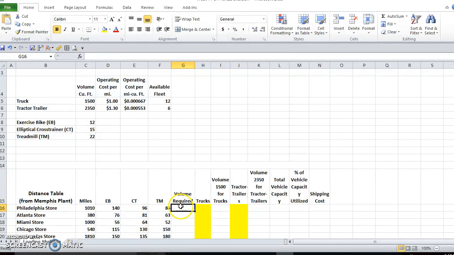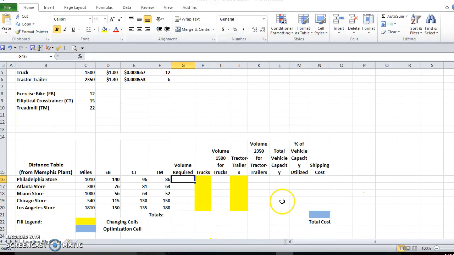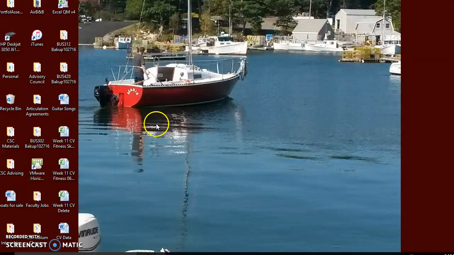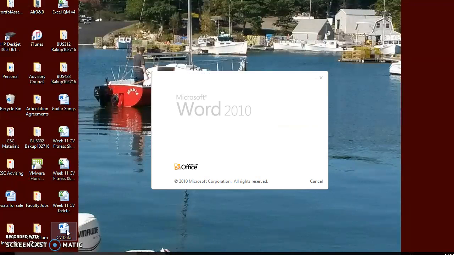What we're going to be doing is filling out this section of the table and starting to use it in a manual way. The following week we'll actually use Solver, and that'll be the second part of the Solver discussion. But let me grab the Word document that we're going to be using for this, what I called CV data.